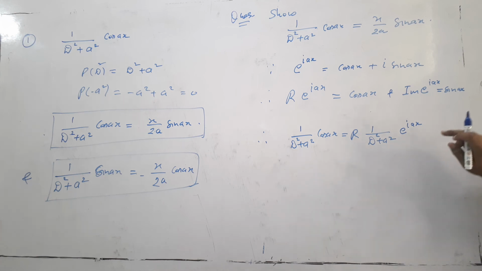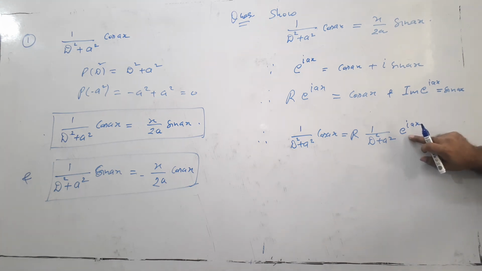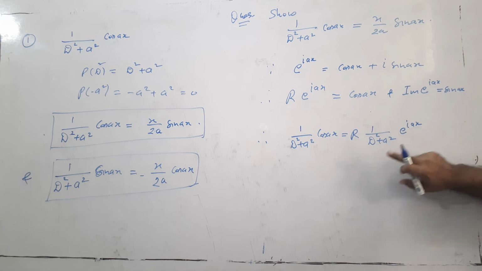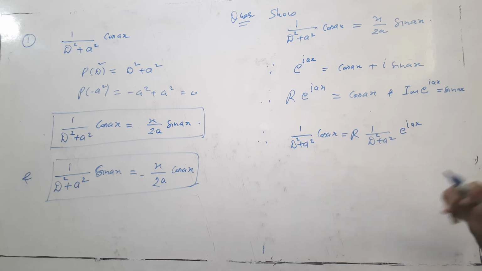We know that when we have an exponential, we try to replace d by ia. So we have ia whole square plus a square. Here we have again denominator 0.